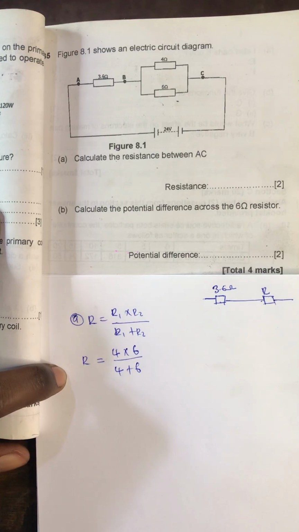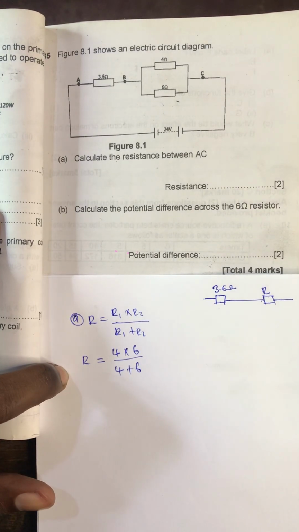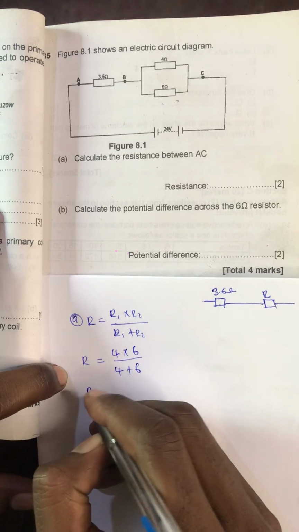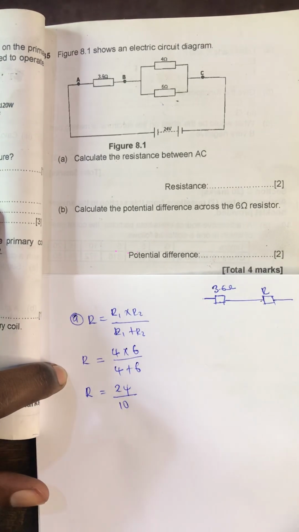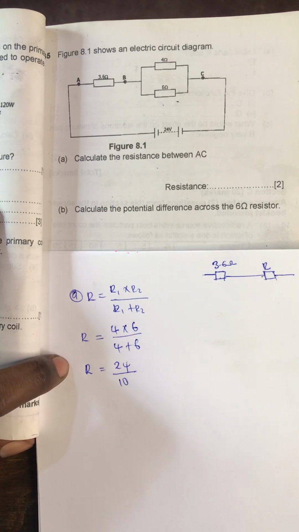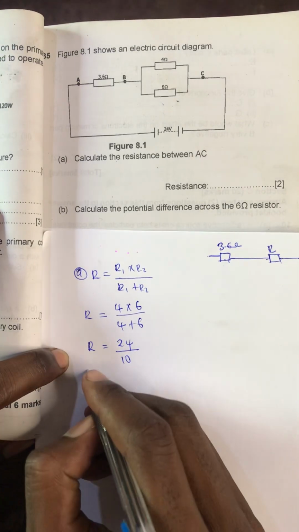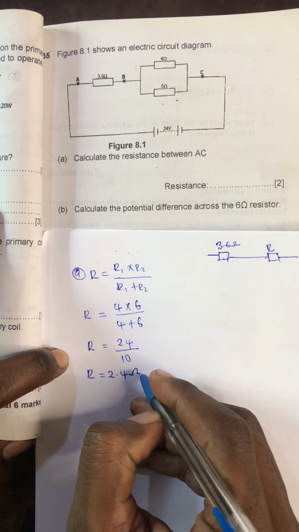We say 4 times 6 will get 24, so the resistance will be equal to 24 divided by 10, because 4 plus 6 gives 10. When we do the division, the resistance will be equal to 2.4 ohms.